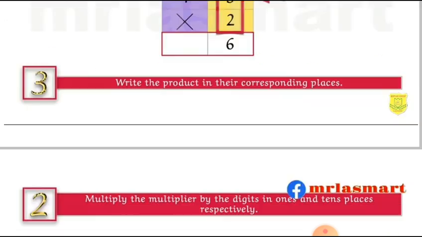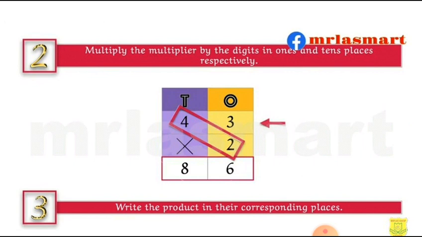Now, you have to multiply 2 with 4. After completing 2 with 3, you have to multiply 2 with 4. So here you have to say the table of 2 up to 4. Table of 2 up to 4 or table of 4 up to 2, that is also the same.